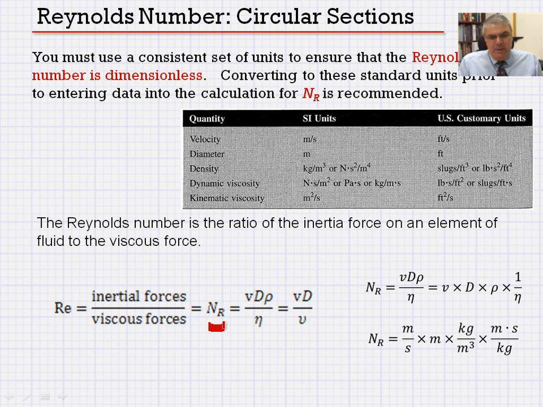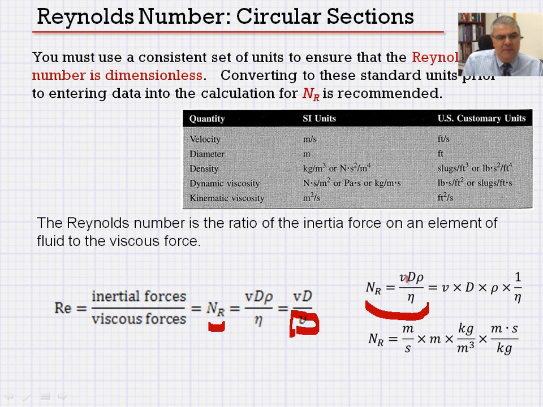It's commonly referred to as N sub R, but R sub E is also correct. Inertial forces divided by viscous forces, it's a ratio of that. And as such, it is shown as V times D times rho divided by nu, VD divided by this other character, which is also a Greek character. We would commonly use this form of the Reynolds number.